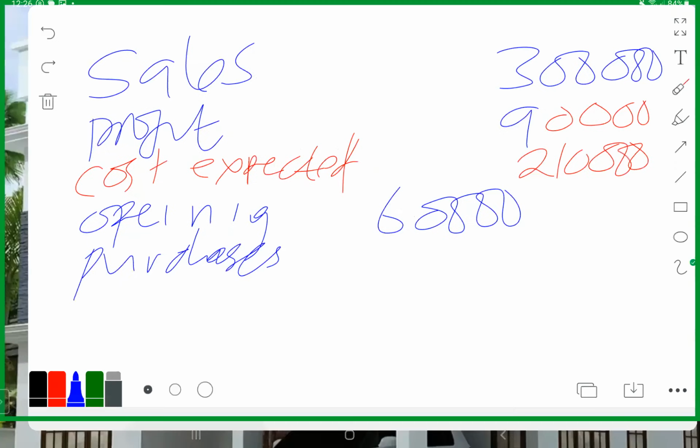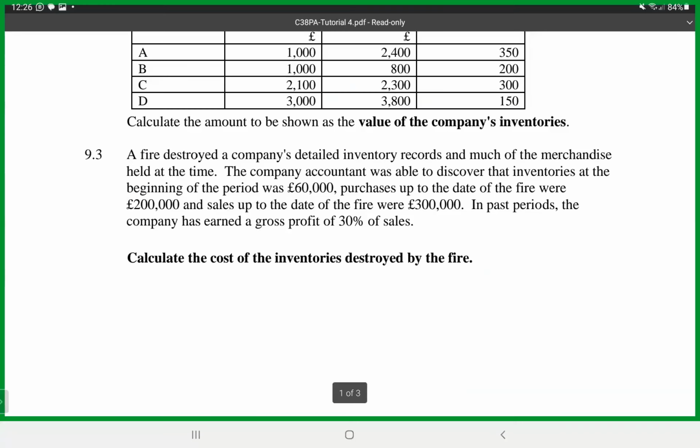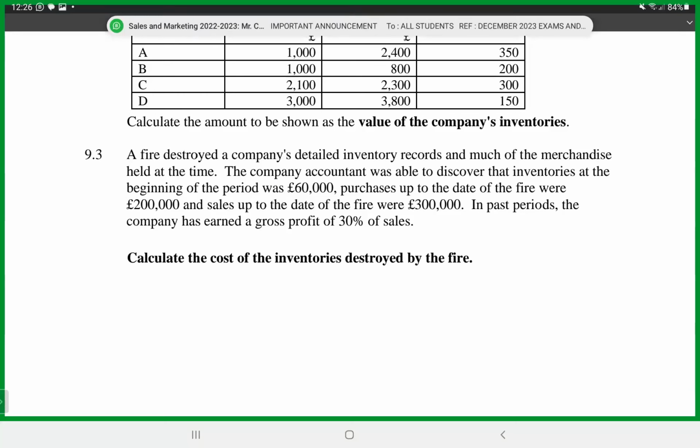How much did we purchase? We purchased 200,000.